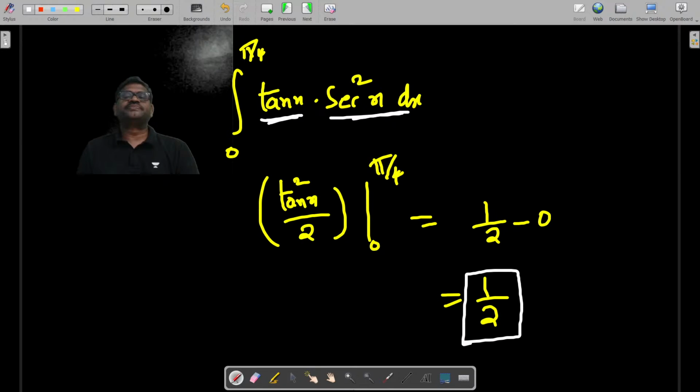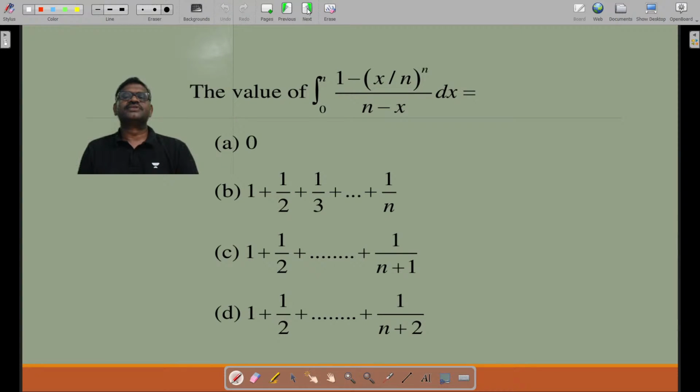Next problem. We have to find the value of the integral from 0 to n of (1 minus x by n) power n by (n minus x) dx.